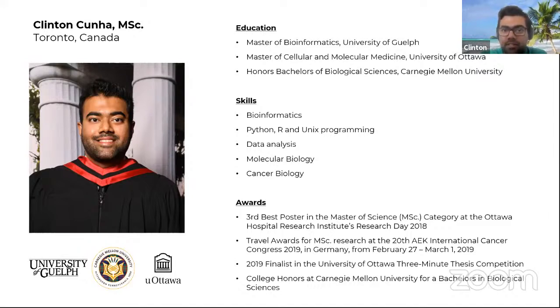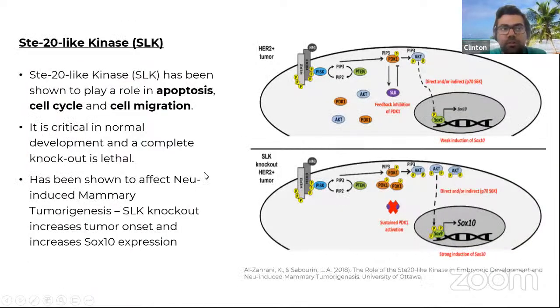I've learned several skills along the way, such as Python, R, Linux programming, and I've won some awards in different institutions. I also have a software engineering diploma, and I love both biology and programming. So just a little bit about my background.